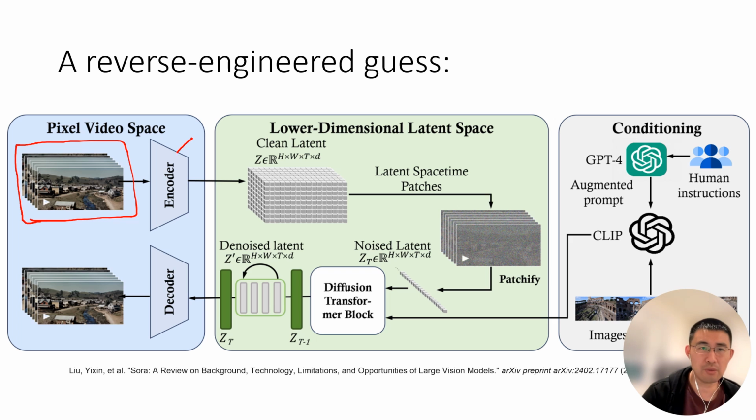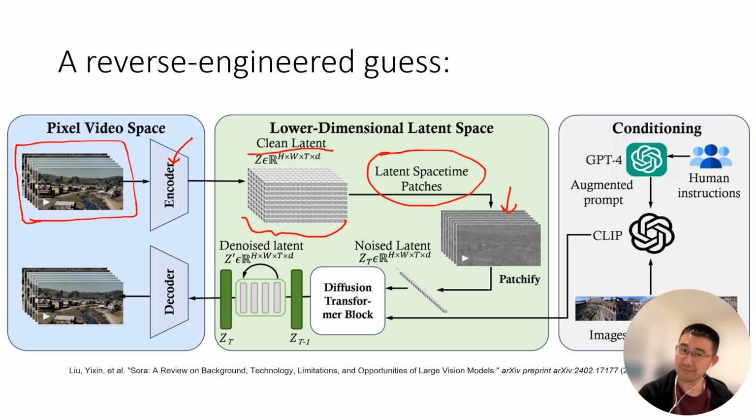The technical report said they use some kind of VAE, maybe VQ VAE, to compress it into a latent space. And the authors of this review paper called them the clean latent. And then maybe they use some other methods like the transformers to convert them into latent space-time patches with more contextual information. After that, there's going to be a lot of things happening.